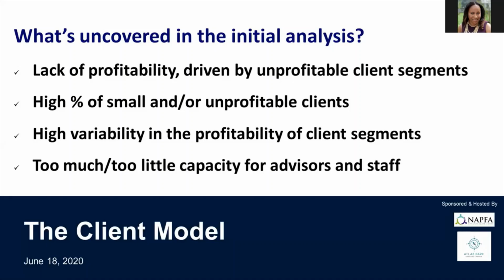Maybe there's a high variability in the profitability of your client segments. There's really no real consistency. Or you have too much or too little capacity for advisors and staff. What this looks like is too much work and not enough people, or too little work and too much staff. So these are some things that I want you to think about as we continue to move forward in the presentation.